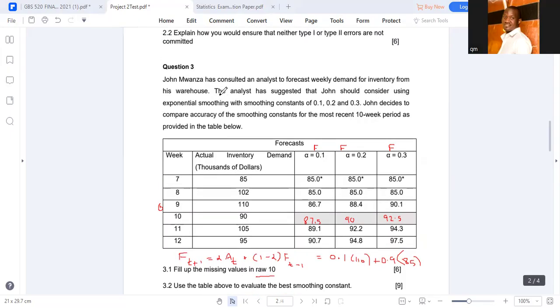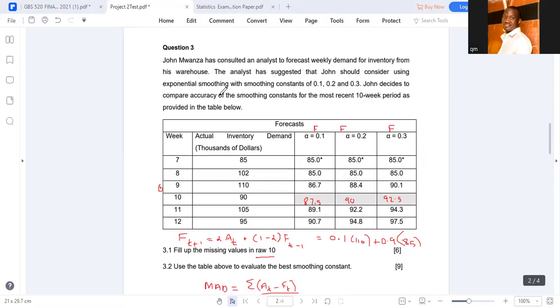This was just for starting. These are not the actual. So we are focusing on 1, 2, 3, 4, 5. So what is our actual minus our forecasted? Here we have 102 minus 85. What do we get?